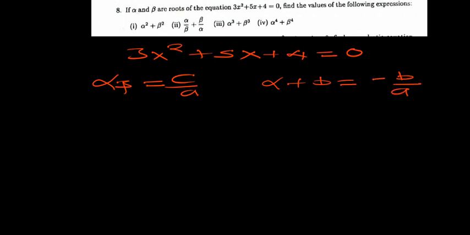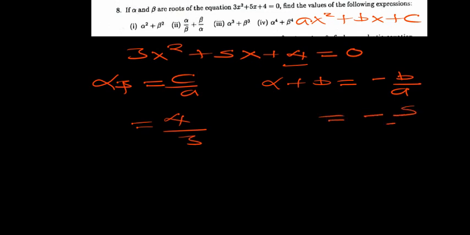You notice that the form of the quadratic function is ax squared plus bx plus c. So if you look at the given equation, which one is c? C is 4, right? So the product becomes 4 over a, our a is 3, and alpha plus beta is negative b, negative 5 over 3. So this is basically what we have.